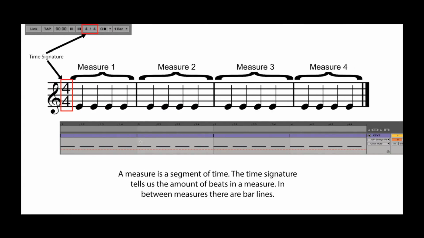And down here we have our measures in Ableton Live. And I would like you to circle one of those measures with your finger right now. Okay, so we should have circled this measure, this measure, this measure, or this measure.